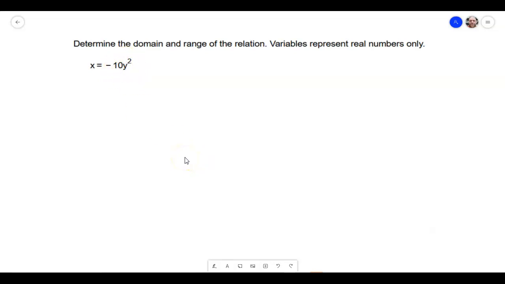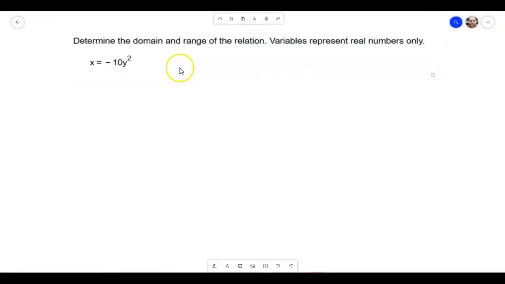Now, I can already tell you that this is not going to be a function because it fails the vertical line test. Because, for example, if I put in y equal to 1, 1 squared is 1, and 1 times negative 10 is negative 10. So that means that x would equal negative 10. So we have the point negative 10, 1.